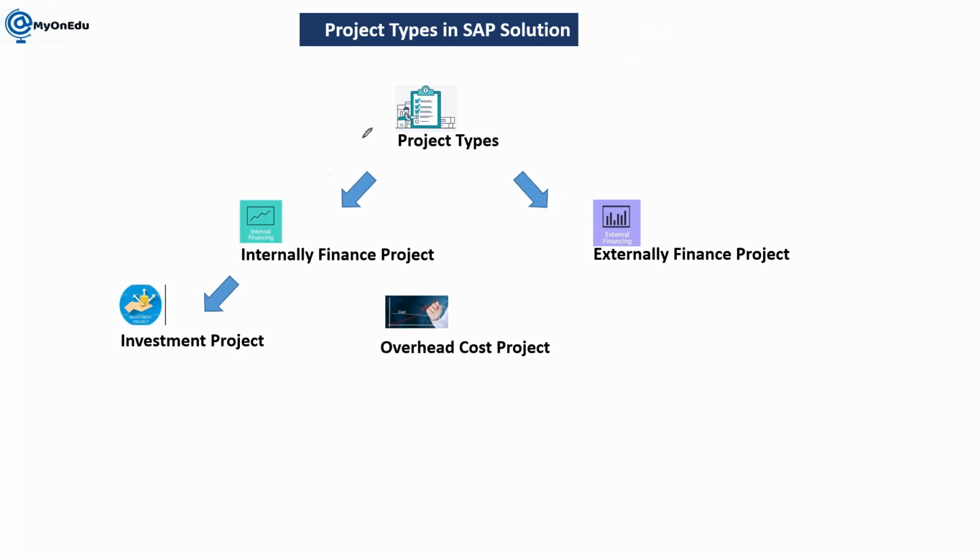So this has to be financed internally by the organization. I have given you an example of an investment project. For an overhead cost project, let's say there are some expenses you need to incur, for example to maintain these machines, to do the overhaul and maintenance. That is a part of an overhead cost project. Or let's say before going for any enhancement capital project, you hired a consultancy to check whether this project is suitable for us or not.